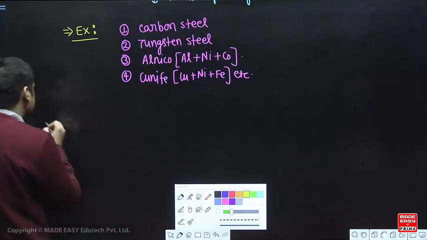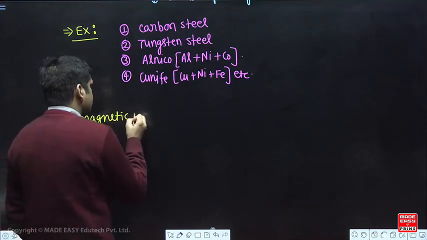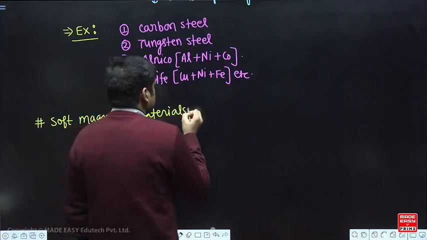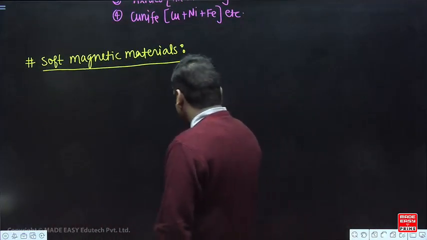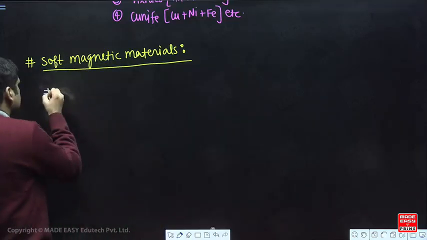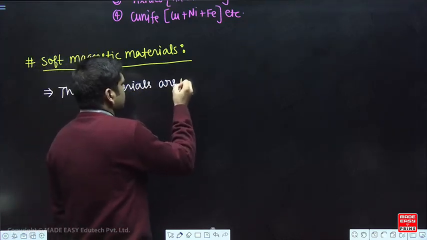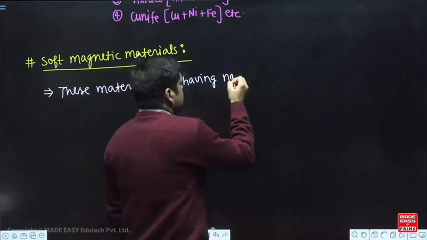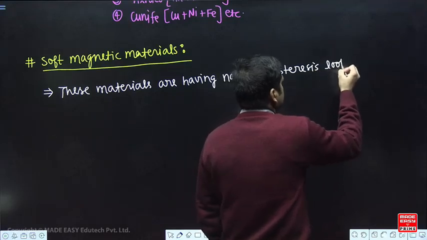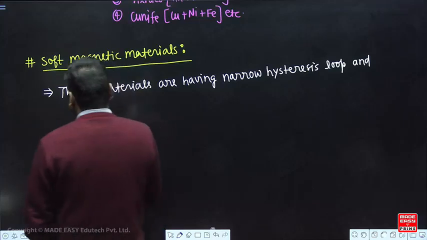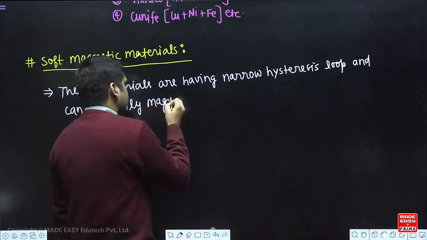Soft magnetic materials. These materials have a narrow hysteresis loop, and can be easily magnetized and demagnetized.